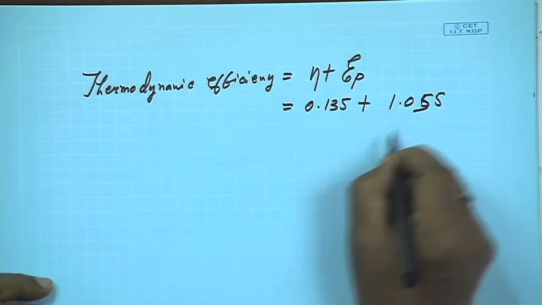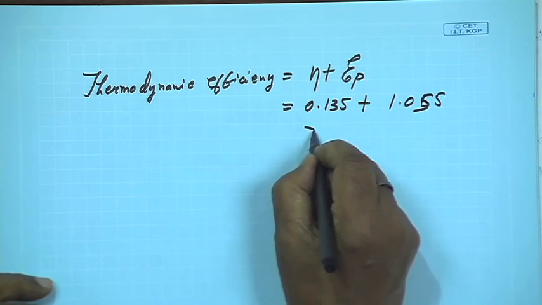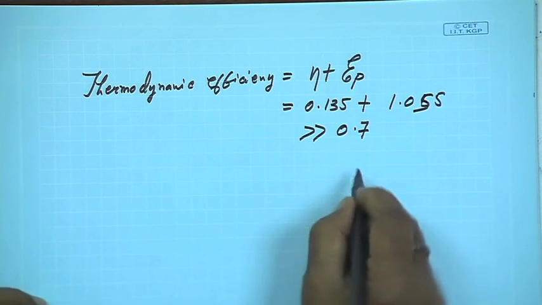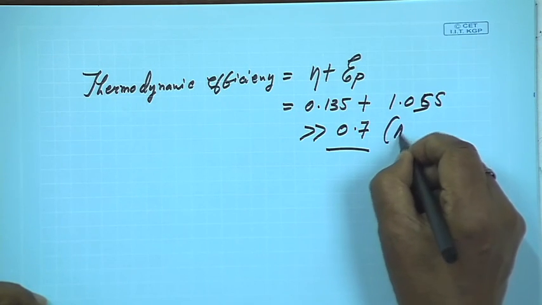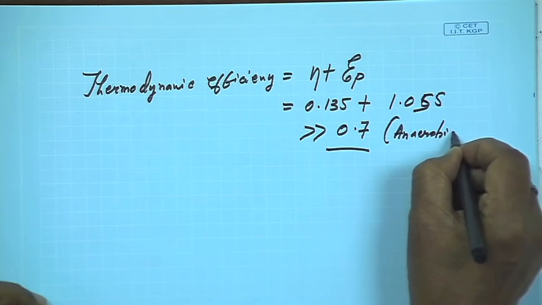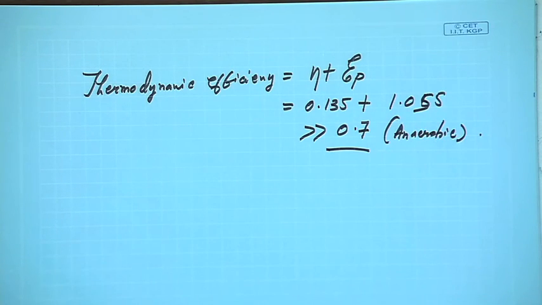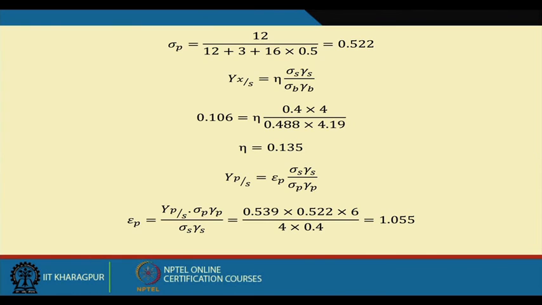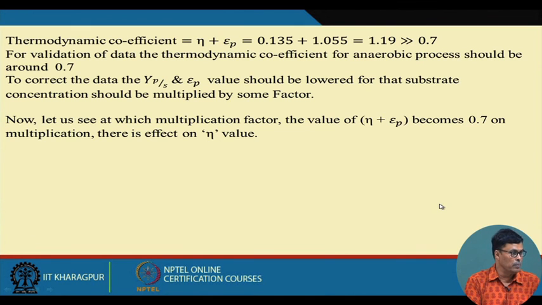So this is much greater than 0.7, because in the anaerobic process the thermodynamic efficiency is 0.7. So it is obvious that whatever data you have reported here has some mistakes. So we shall have to find out where the mistakes are.